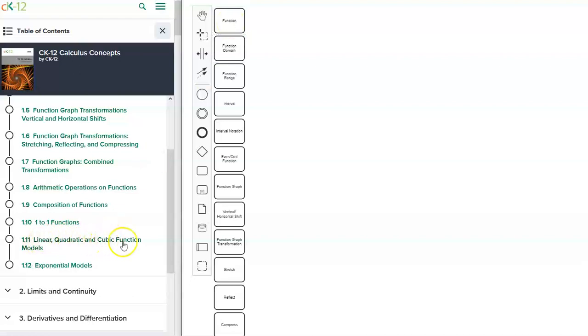Linear, quadratic, and cubic function models. Okay, so that's a good one. We have a linear function model, a quadratic function model, and a cubic function model.